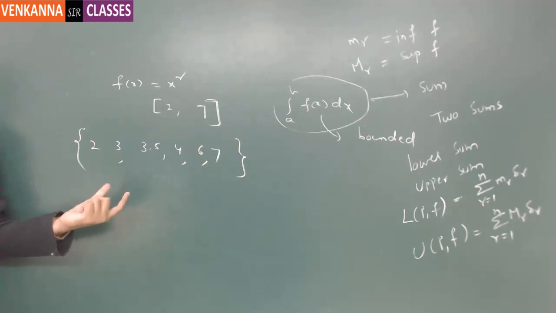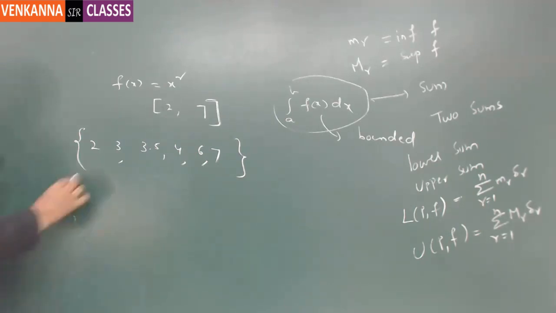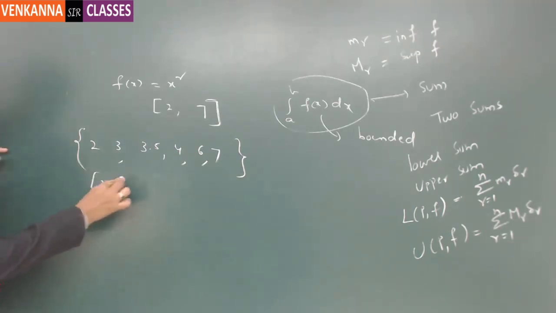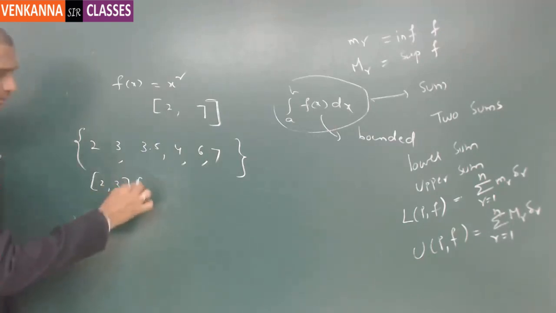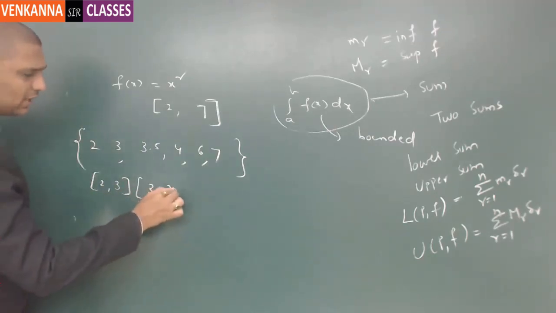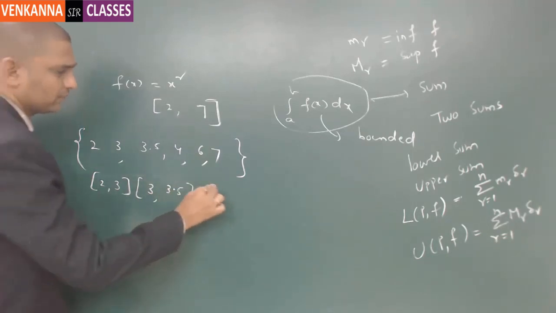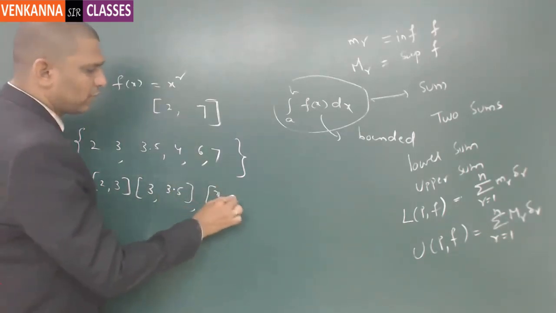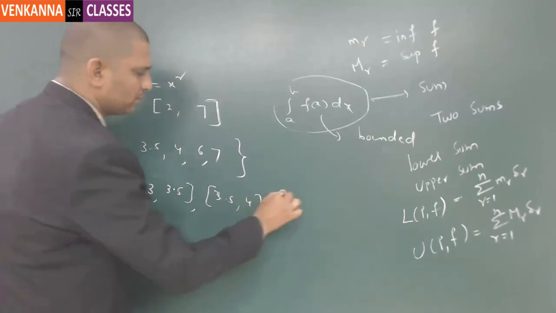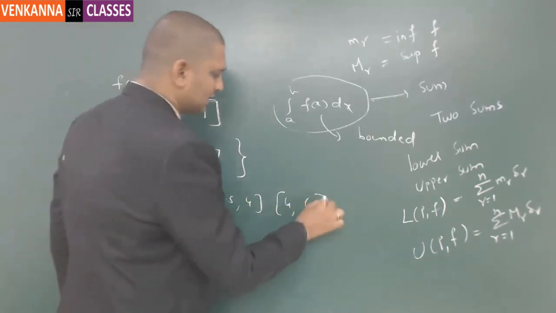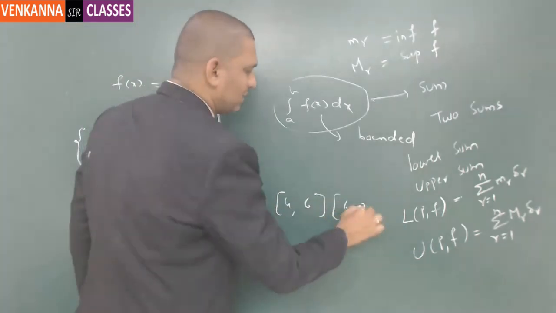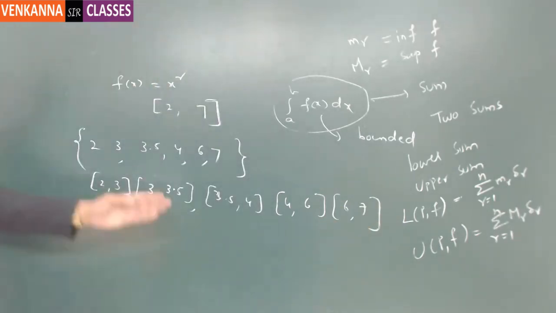Now what are the subintervals I am going to have here? 2 to 3, 3 to 3.5, 3.5 to 4, 4 to 6, and 6 to 7. These are the subintervals I will get here.